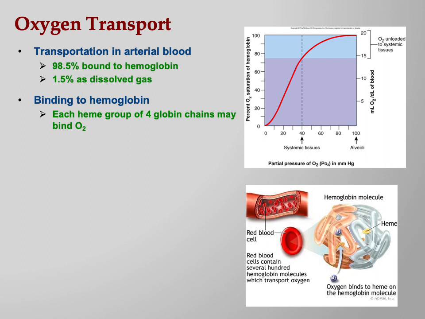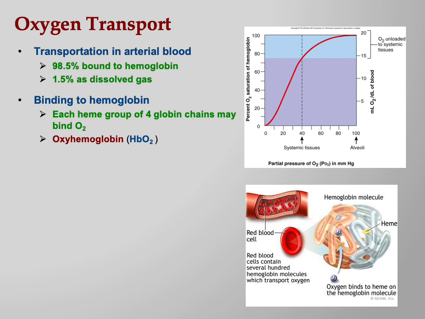So, binding to hemoglobin: each hemoglobin has 4 globin chains. We saw that before. So each molecule of hemoglobin can hold 4 oxygens, 4 molecules of O2 per hemoglobin. When blood is just leaving your lungs and is fully oxygenated, we call it oxyhemoglobin, HbO2.